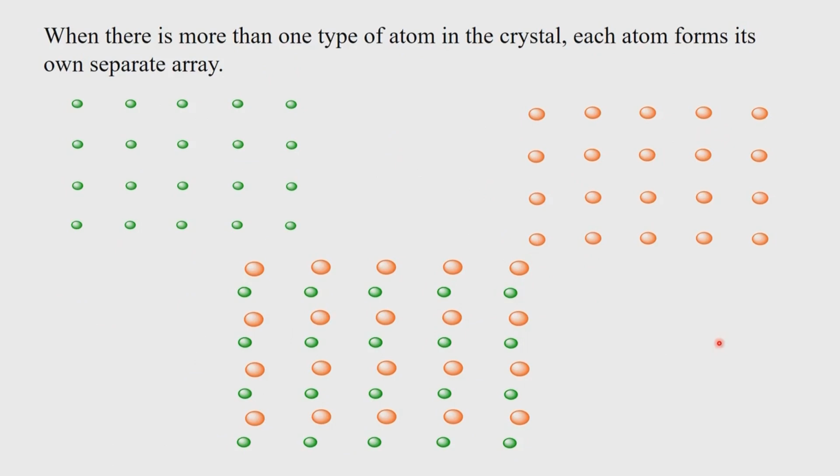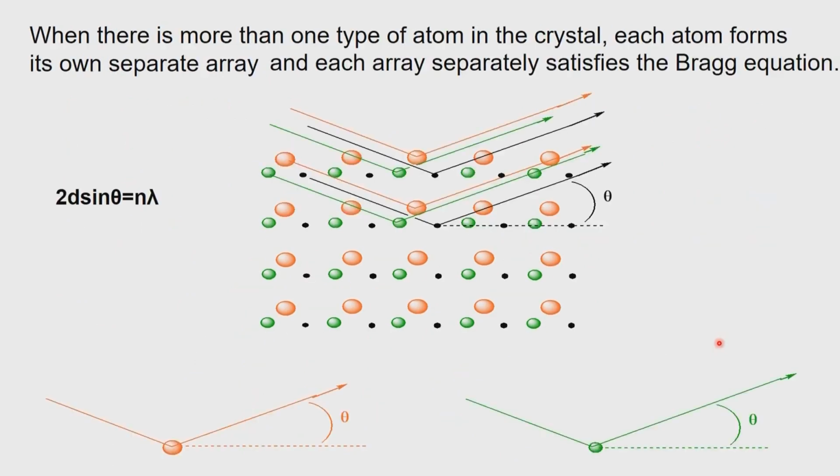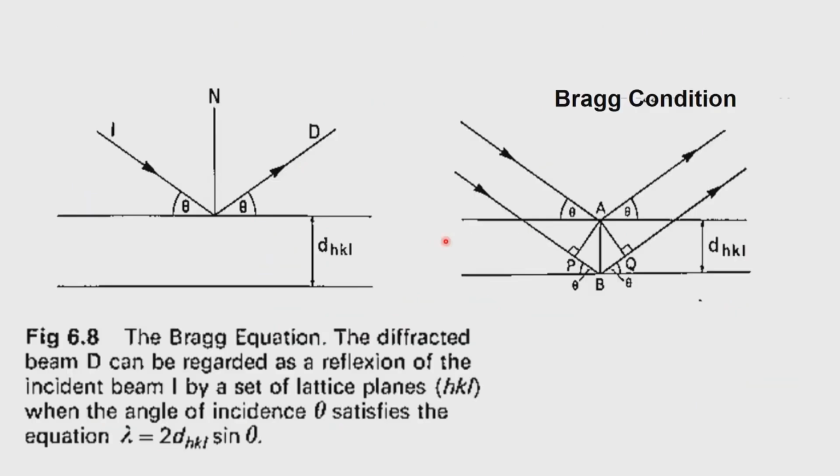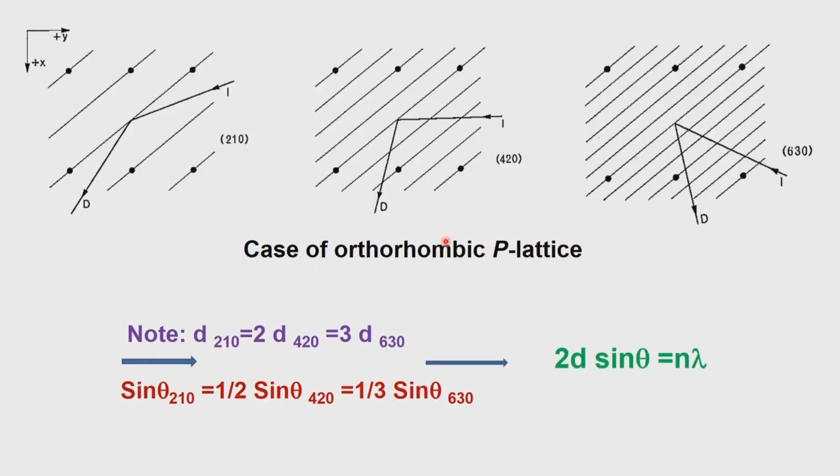We will do in the coming class how this association with the plane will generate the intensities, and what the contribution of each of these atoms is to this particular lattice point. And then we saw 2d sin theta equals lambda and then 2d sin theta equals n lambda.